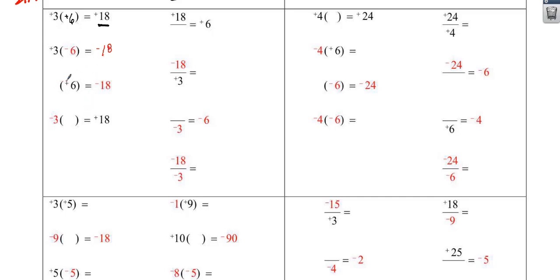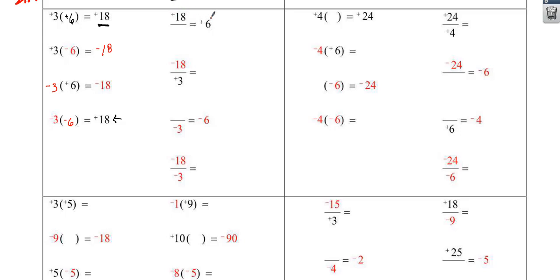What times positive 6 will give us negative 18? Well, the answer is negative, so the signs have to be different. Negative 3. And what times negative 3 will give us positive 18? It's a positive answer. Signs have to be the same then, which means the missing factor is negative 6.